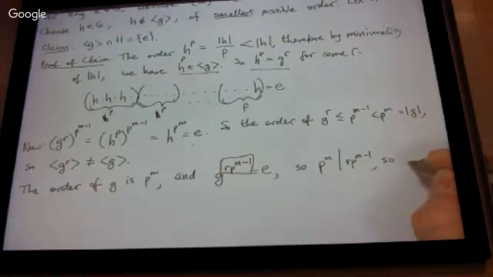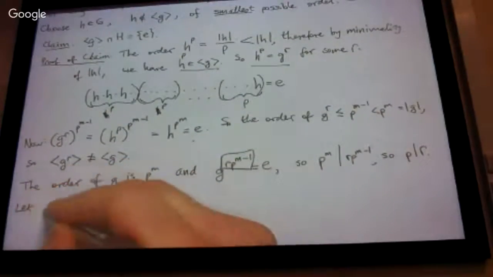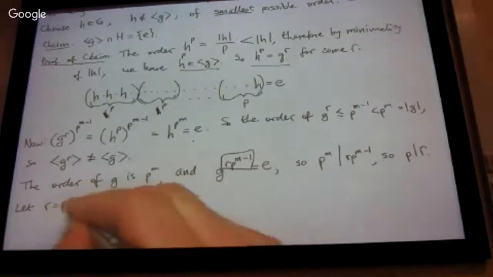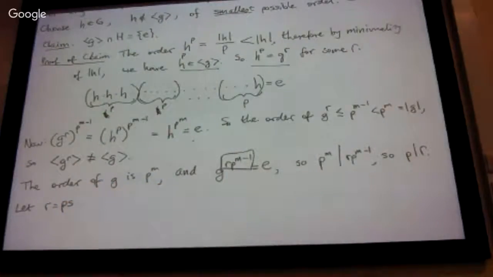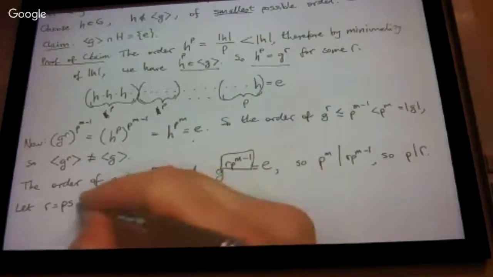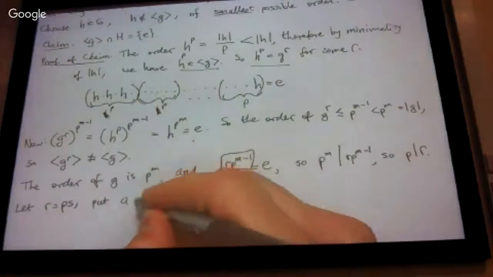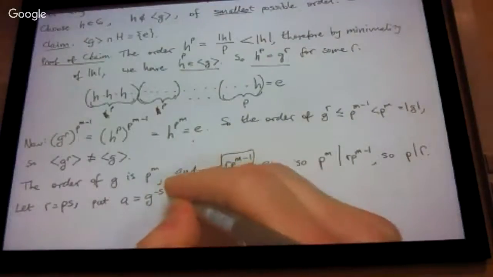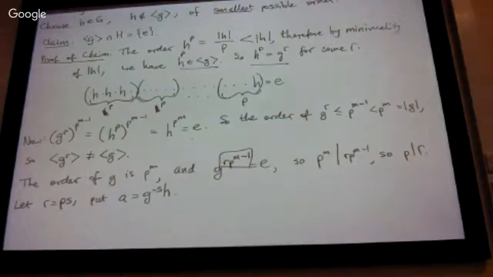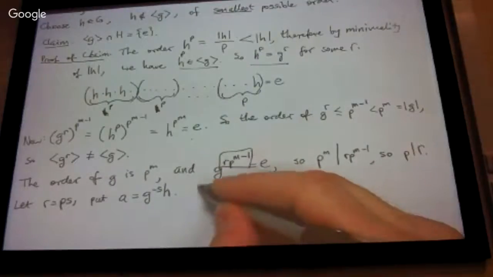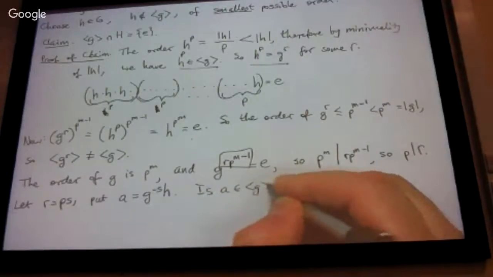So b divides r. So let the product be s. So r is b times s. And little a is going to be g^(-s) times h. Is this little a in G?